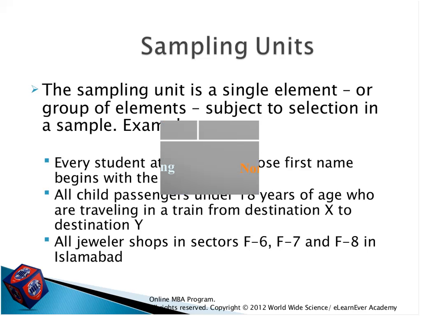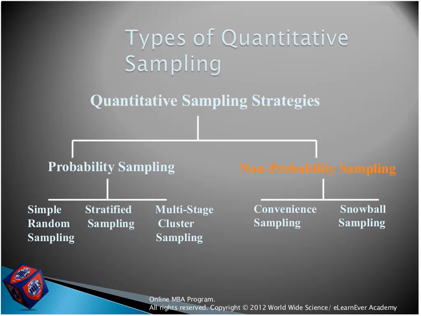Okay. So now we can talk about the method of sampling. All right. So there are two categories for sampling that we can call probability sampling and non-probability sampling. These are the most famous categorizing for quantitative sampling strategies. All right. So under probability sampling, we have simple random sampling, stratified sampling, and multi-stage cluster sampling.